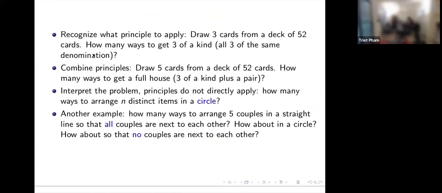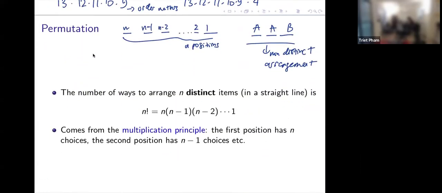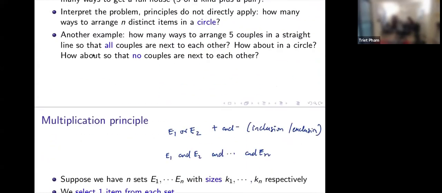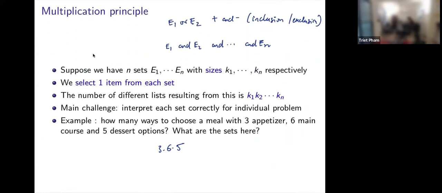let's take a look at the prime example of the multiplication principle. Here, how many ways can we choose to set up a meal like this? And this is 3 times 6 times 5. Let's ask the question, is there any order in this count?